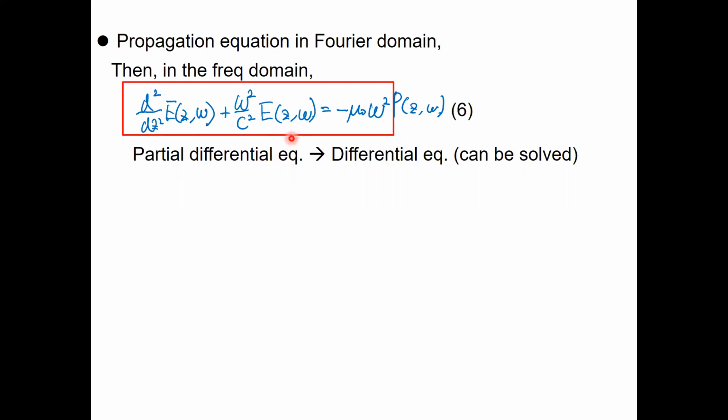But in this equation, since the derivative of t is changed into just a normal type of parameter, it's just a differential equation of z, the propagation direction. So it can be solved much more easily.